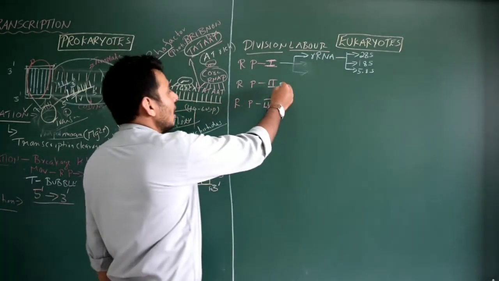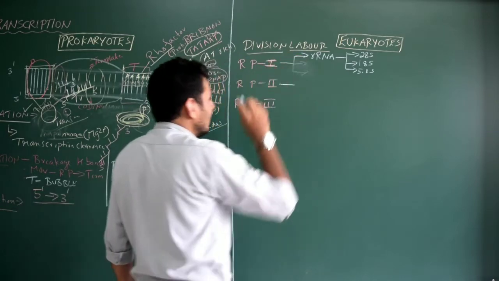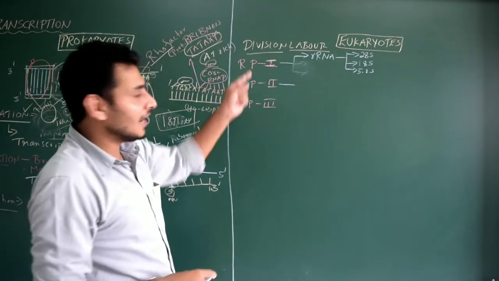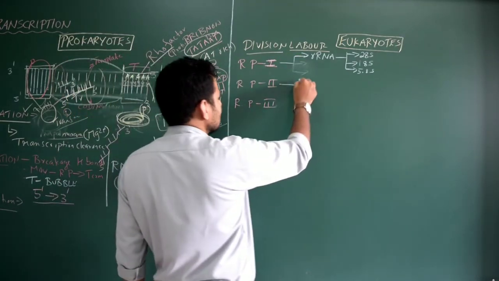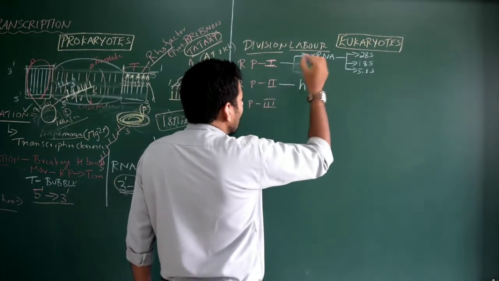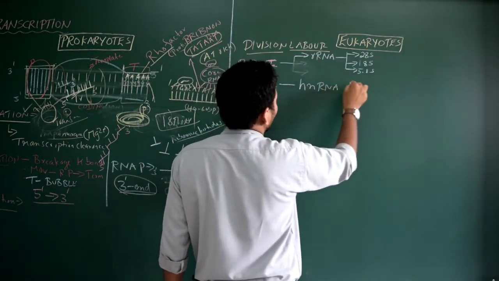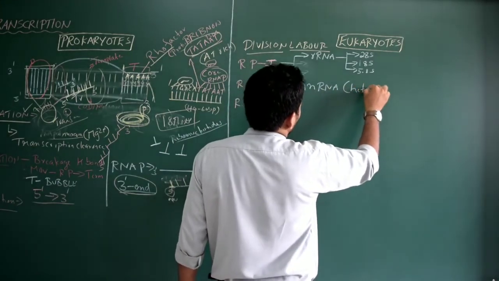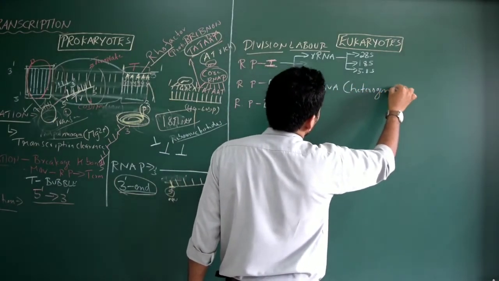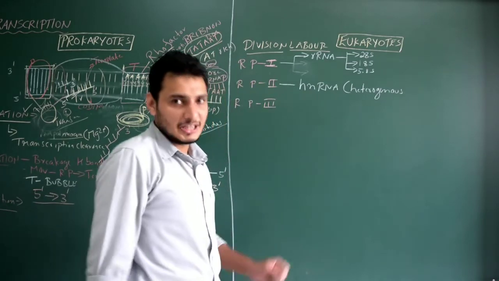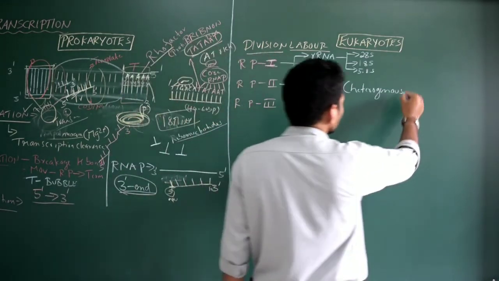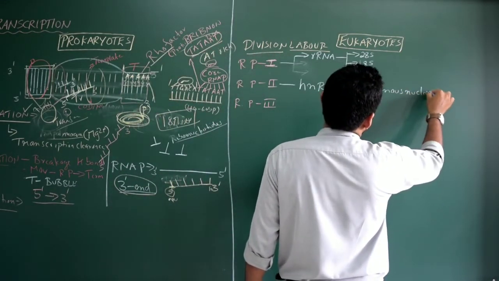Then RNA polymerase 2, in eukaryotic transcription, is going to synthesize a type of RNA called hnRNA. So, what is the meaning of hnRNA? Hn means heterogeneous. What is the meaning of hetero? Hetero means different. I will tell you why. Heterogeneous nuclear RNA.